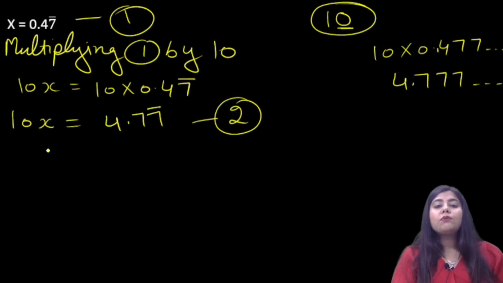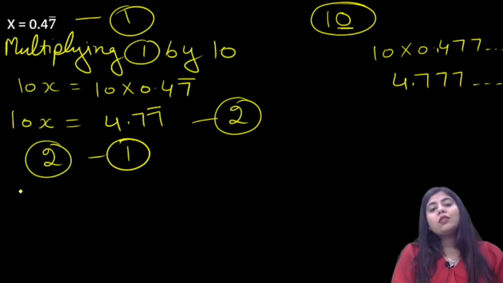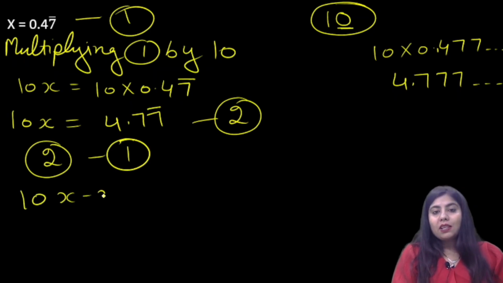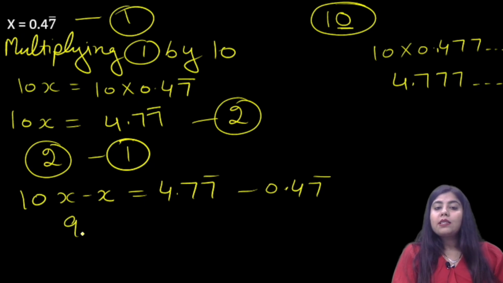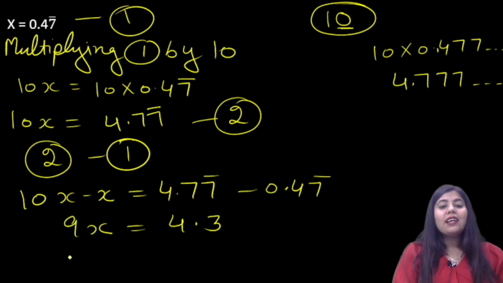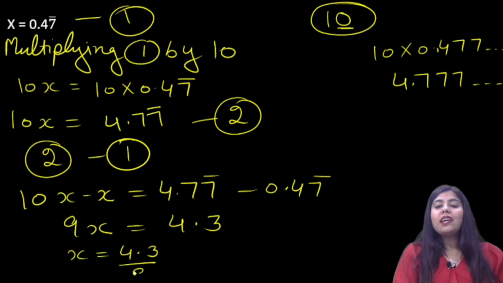Now we have to subtract equation number 1 from equation number 2. When we subtract, we will get 10x minus x equals 4.7 bar minus 0.47 bar. Now 10x minus x is 9x only, and it is 4.3, right? Now x is equal to 4.3 upon 9.